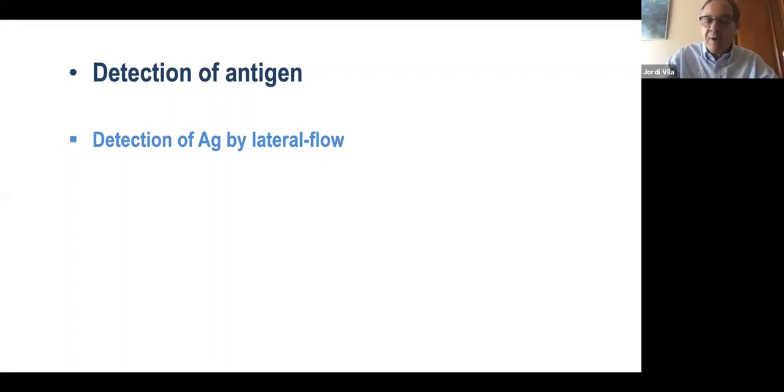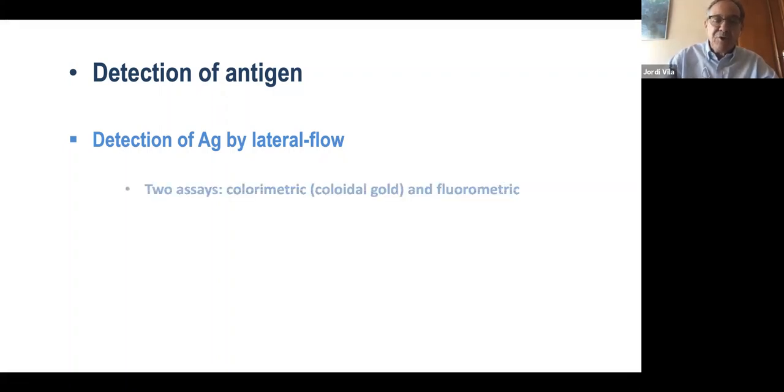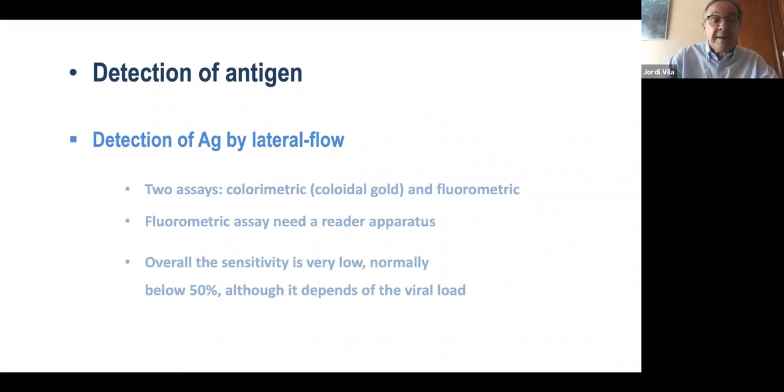The lateral flow can use 2 approaches. The first one is the colorimetric or colloidal gold approach, where you see a band. It's a rapid test; in 15 minutes you have the result. The fluorimetric system needs an apparatus to detect the fluorescence of the antigen detection. You need a reader.